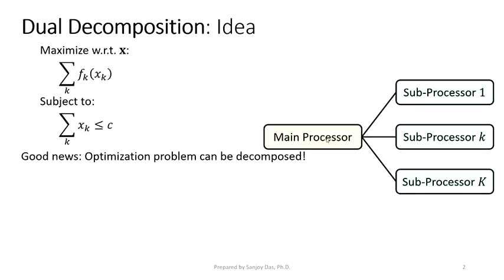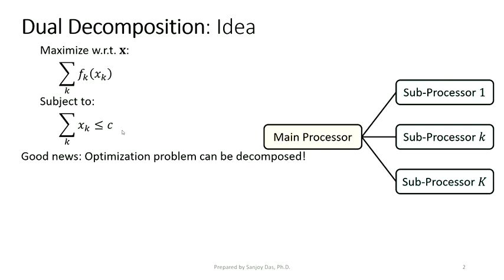Okay, so here's a main processor, and you have all these uppercase K subprocessors, and you notice the index k here. Each of these subprocessors only has knowledge of fk, its own function, fk. And this we'll formulate as a constraint optimization problem.